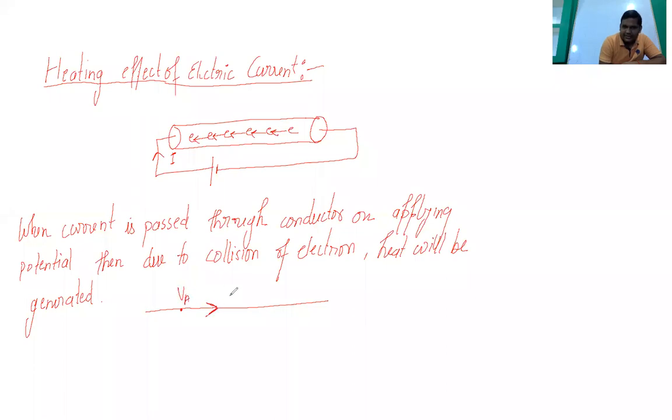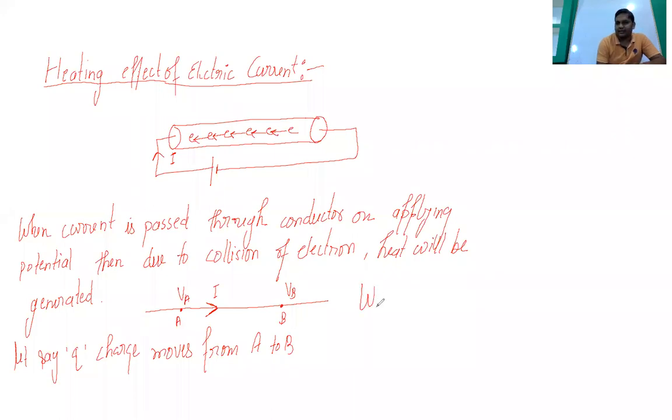Let's say this is point A with potential VA, and at the other point the potential is VB. If current is flowing, it means charge is moving from A to B. Let's say Q charge moves from A to B, then the work done from A to B can be written as Q into the potential difference, so this will be VB minus VA.